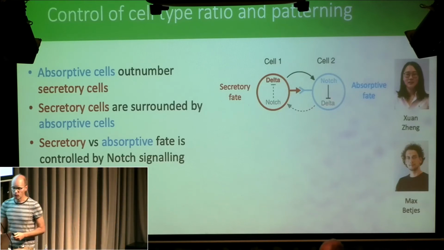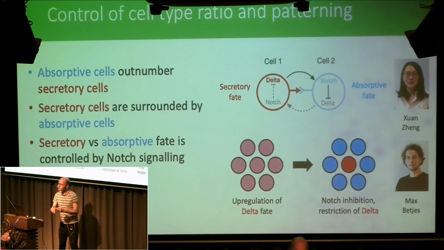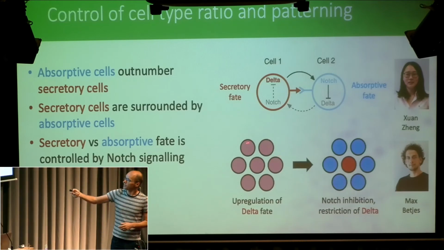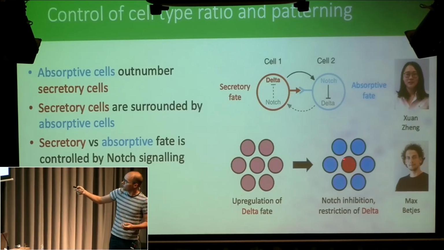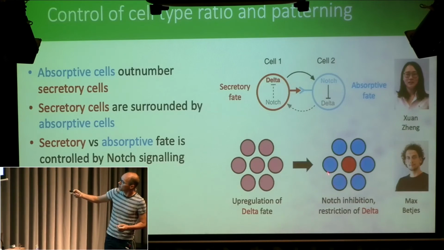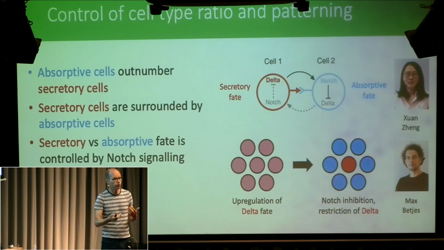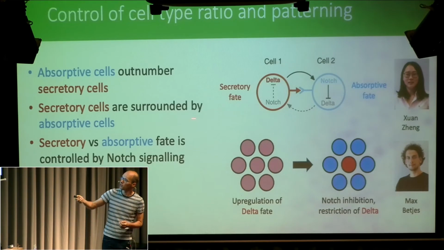And the idea that people have had is that this naturally explains these two facts. At the beginning of differentiation, there's upregulation of delta, secretory fate, in all these cells. But by notch signaling, you end up with one secretory cell, surrounded by a much larger number of inhibited absorptive cells. So notch signaling in this way could explain both the difference in ratio and the spatial pattern.